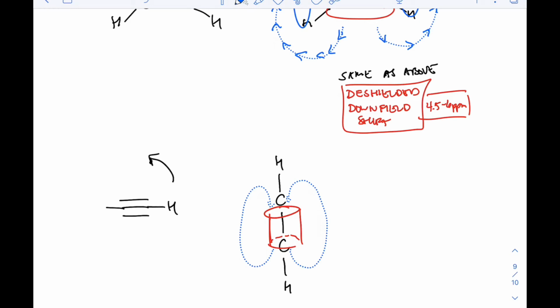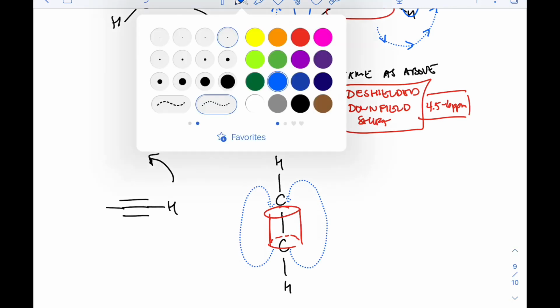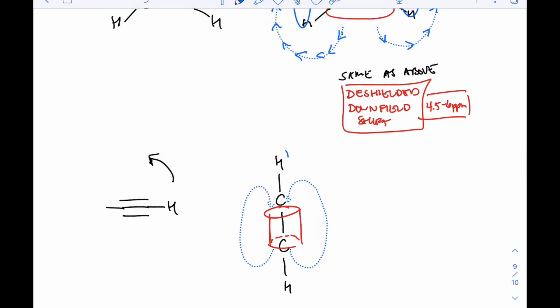But it's just that the location of the proton in question is in a different spot. So before, we had the proton sticking to the left and to the right, but now we've got it up here, okay? And so let me draw my arrows to show you the direction of that induced magnetic field.